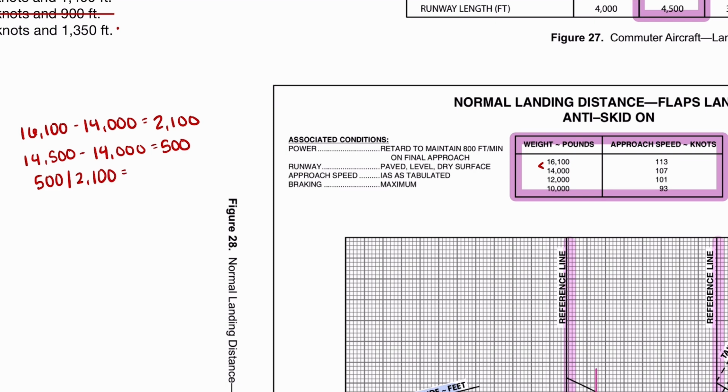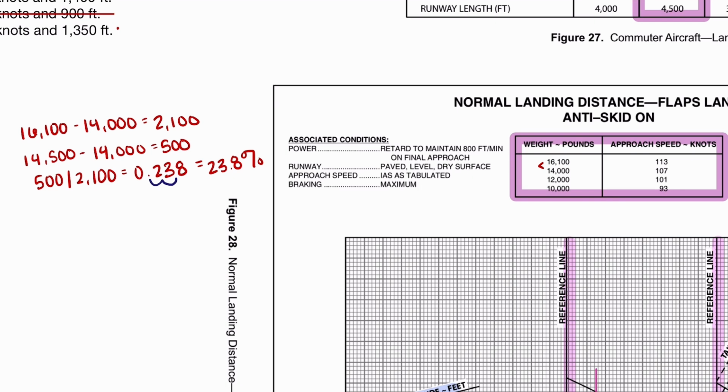And it's going to equal 0.238. Then you're just going to drag your decimal 2 places, and that will equal 23.8%. So we know that we are 23.8% higher than 14,000.